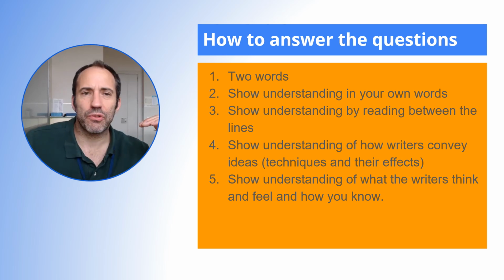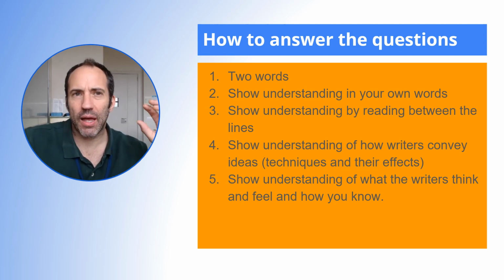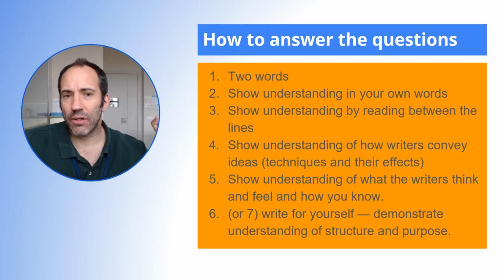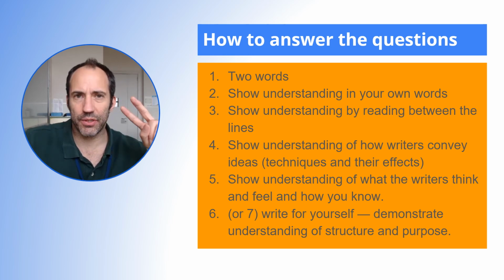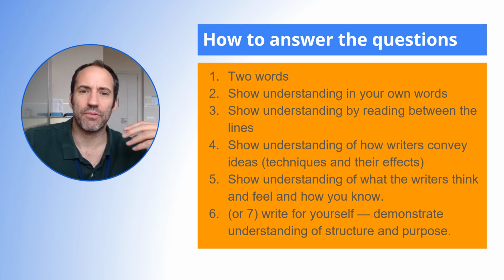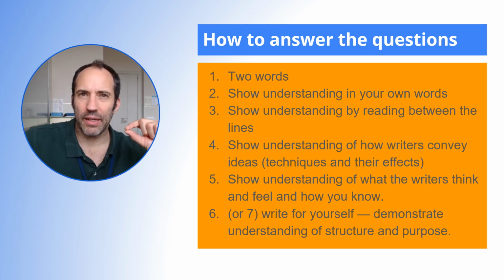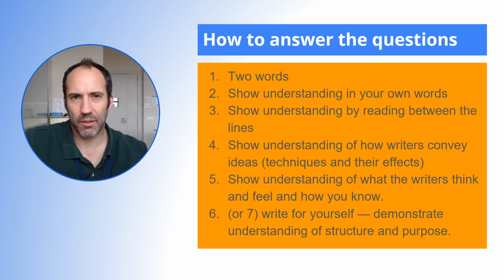This can be thought of as the reading part of the paper, and there are no marks for your own spelling and grammar here, so get your ideas down as clearly as possible. You will then be asked either question 6 or 7. You get a choice of 2 prompts where you do your own piece of transactional writing. And what they're really looking for here is not a knowledge of a topic that you're writing about.